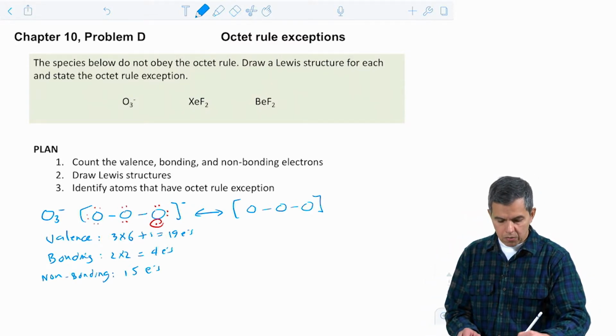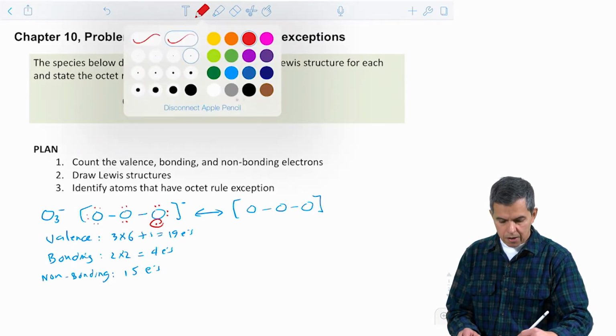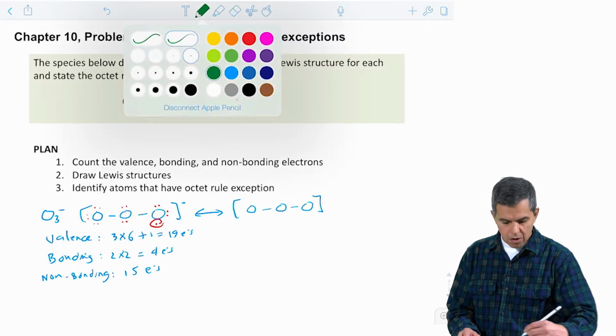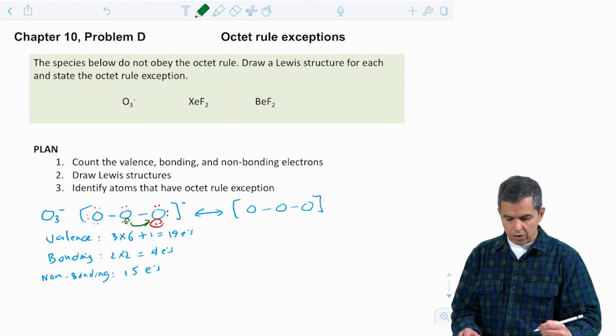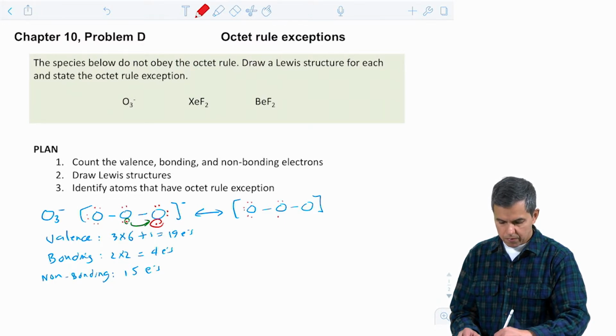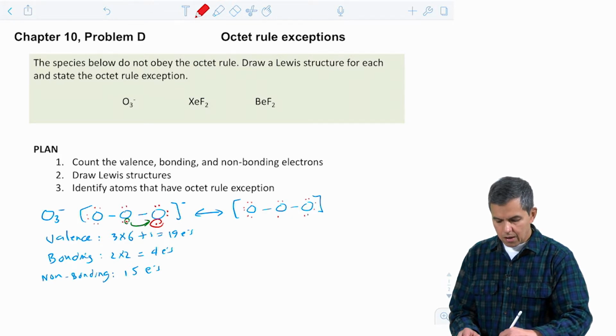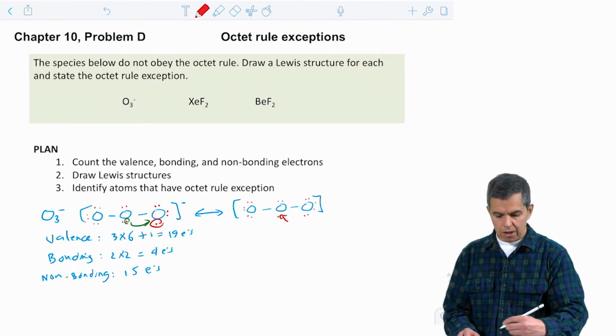So for instance, we can imagine that we take the electron from this oxygen and pass it to the last oxygen, and then if we place again electrons, this would be the oxygen atom that has now the radical properties.